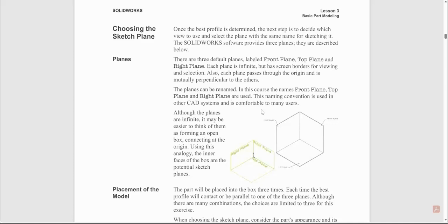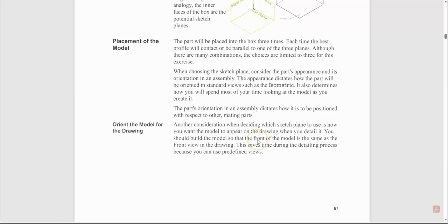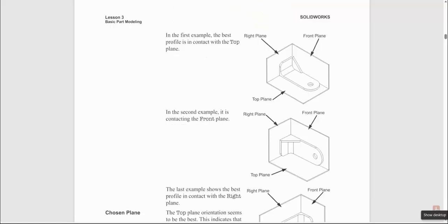So depending on what you're doing and how you want to see that part projected into a drawing, that is how you're going to orient your model. Like I said, I typically will start with the front plane unless it's something special that I'm doing, but it's something that you have to think about with respect to that particular drawing or model.